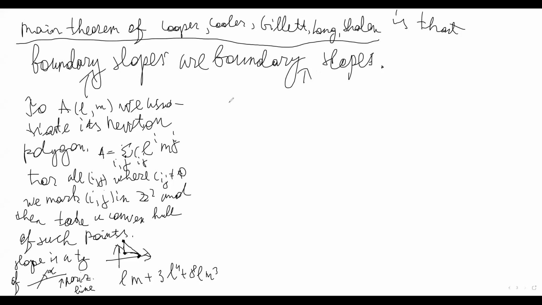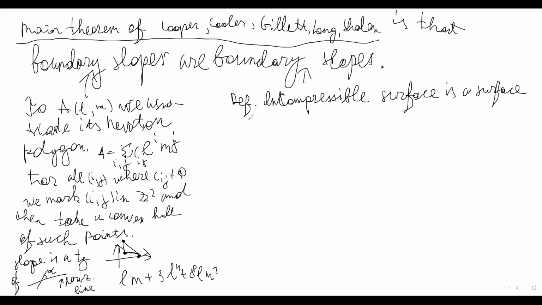So for the boundary slope, we have an incompressible surface. It is a surface S in M such that it has no non-trivial compression disks.